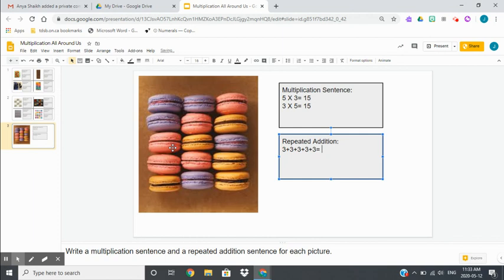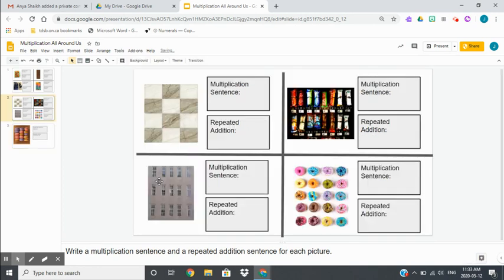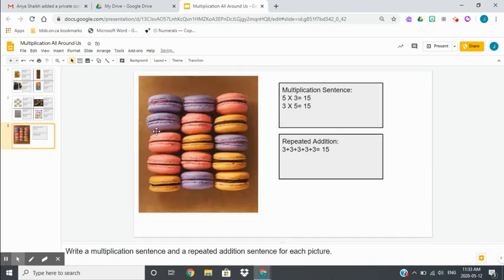And that would equal 15. I could also look at the columns though. And each column has 5 macaroons, right? Here's column 1, here's column 2, and here's column 3. So another addition sentence I could write for this picture would be this. 5 plus 5 plus 5 equals 15.